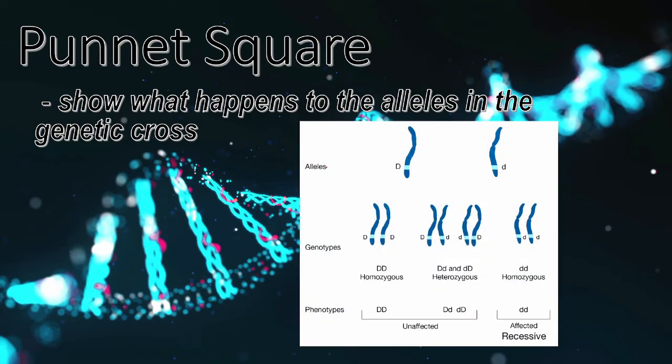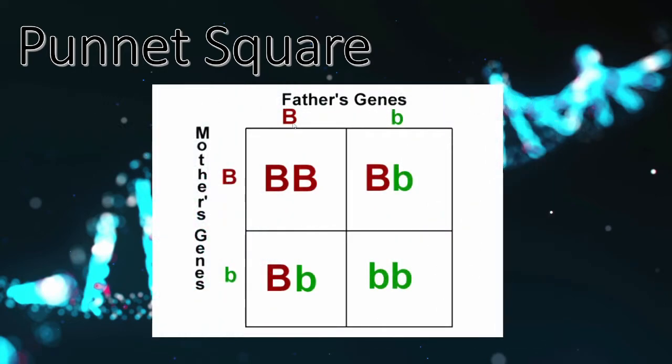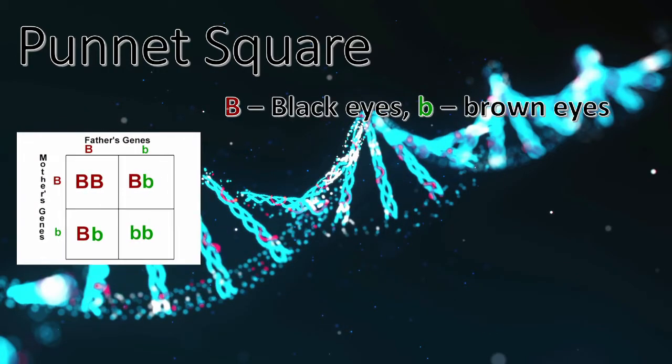An example would be this one. Suppose your father's genes are capital B and small b, and the same with your mother. So what are these capital B and small b? Say capital B is black eyes and small b is brown eyes.